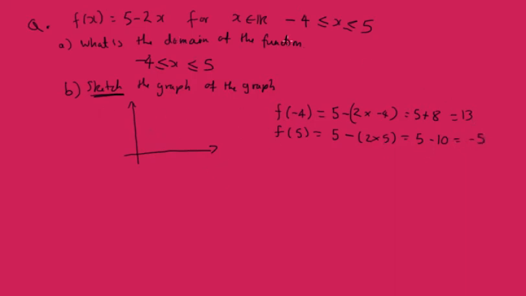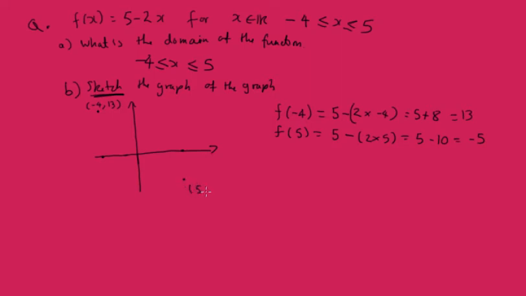Now this is a straight line graph because there's no quadratic part to it, so I need this to be a wee bit longer. So f of minus 4, x is minus 4, so it's going to be down here, and that's going to be way up here, it's 13, and we'll write the coordinates here, so it's minus 4, 13, and then this is going to be 5 and minus 5.